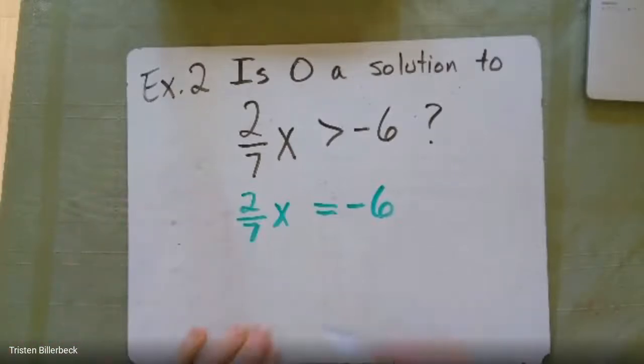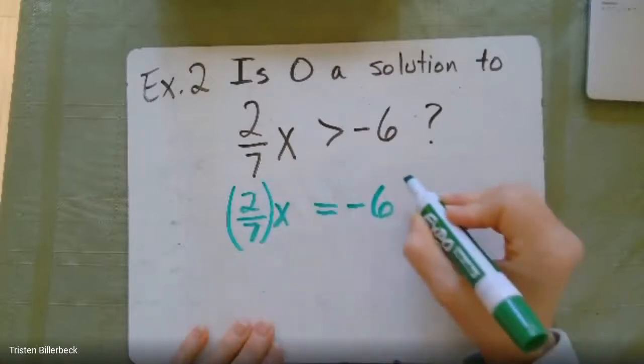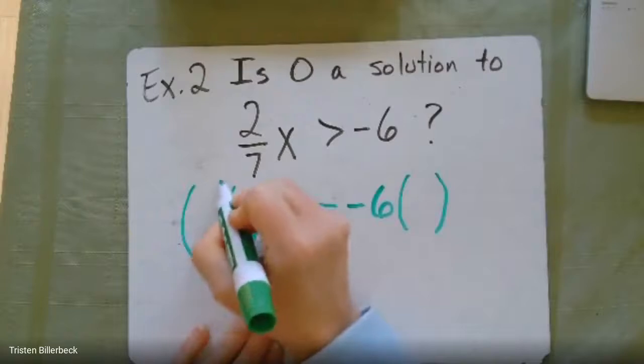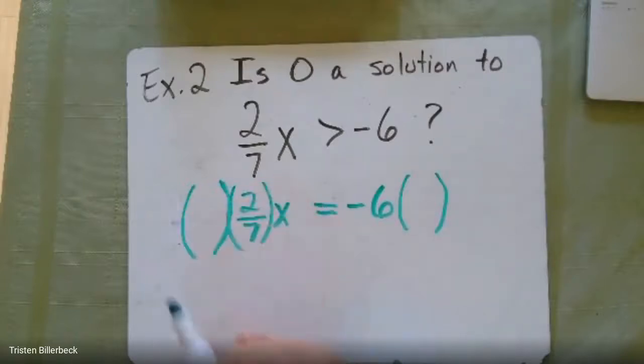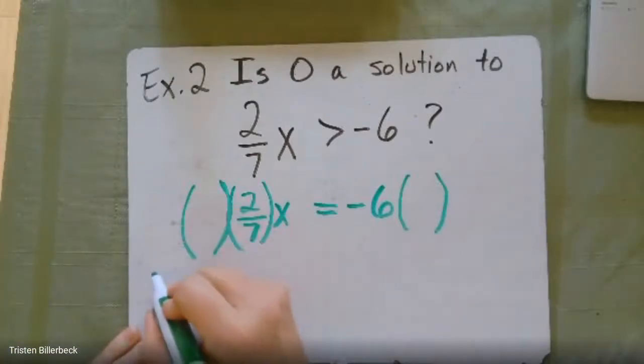What do we use to get rid of this fraction? It starts with an R, and we're going to multiply both sides by that. It starts with reciprocal. Okay, so we're going to use a reciprocal.